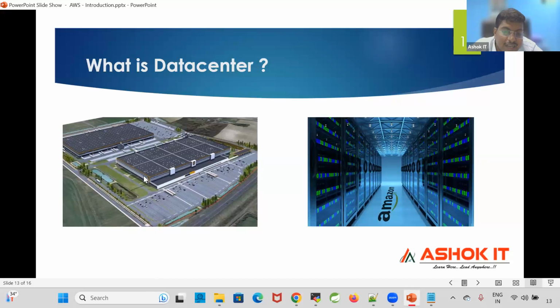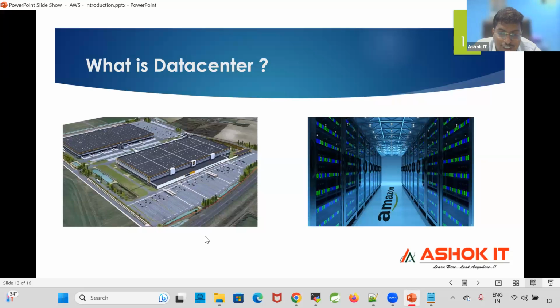That means buildings like this are available worldwide. In total, 99 buildings like this are available for AWS. Every building like this is called one data center. This is the outside look of the data center. This is the inside look of the data center. Whatever infrastructure AWS is providing, they are maintaining it in a data center.